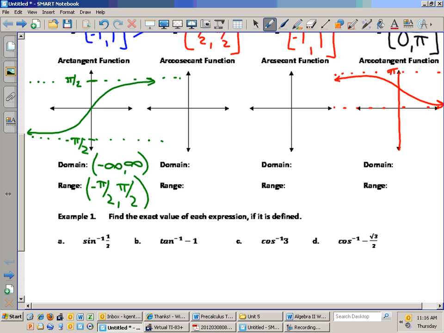Kind of does that. So what's the domain of that? All real numbers again, from -infinity to +infinity. And the range goes from 0 to pi.